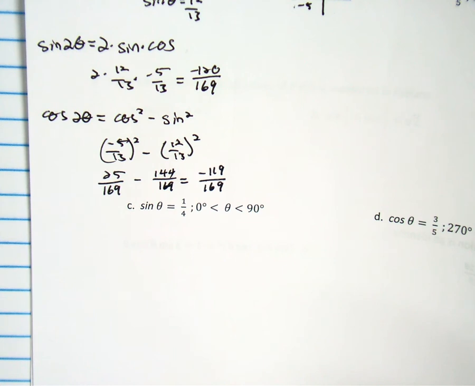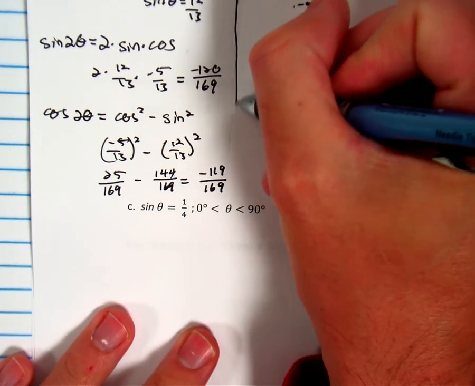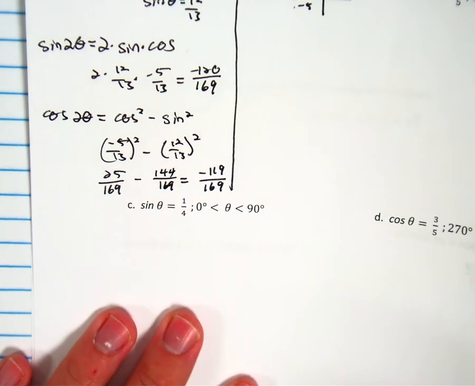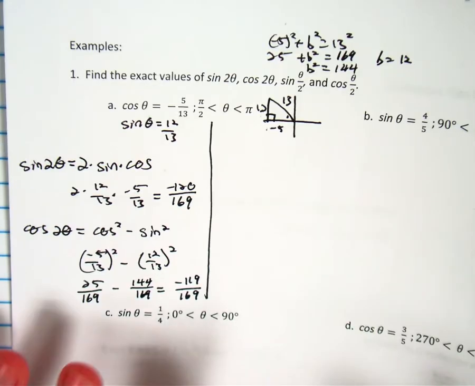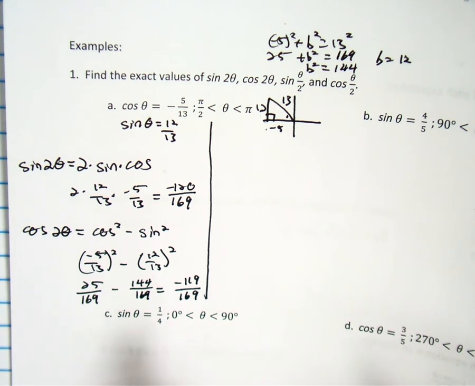Okay, now for the fun ones. And by the fun ones, I mean there's a lot more work. The half angle ones are always going to be a little bit more work because they involve a square root. Also, with the half angle ones you have to think a little bit.